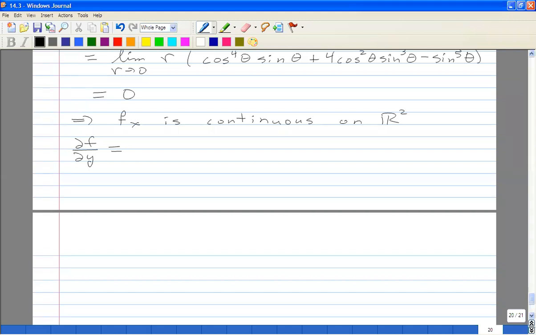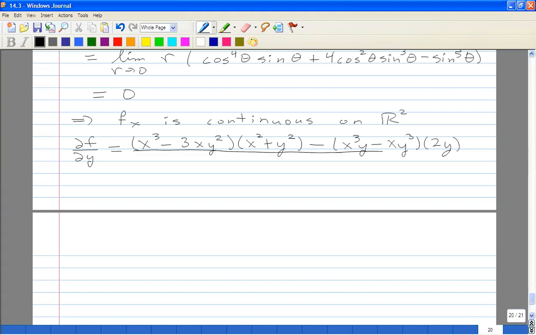So this is equal to the derivative of the first, so it's x cubed y minus, this was an xy cubed, so it's a 3xy squared times the denominator, minus the numerator x cubed y minus xy cubed times the derivative of the denominator 2y, all divided by the denominator, x squared plus y squared squared.